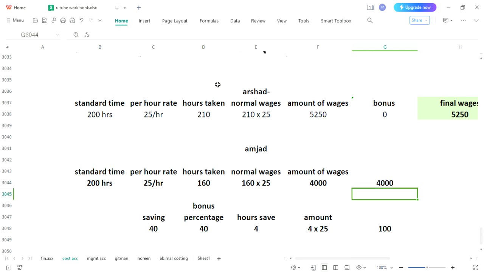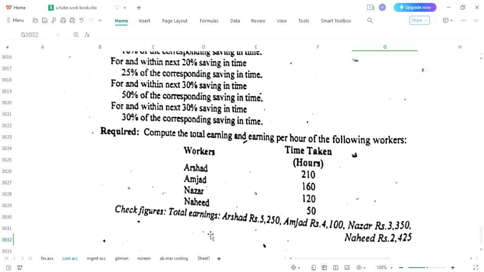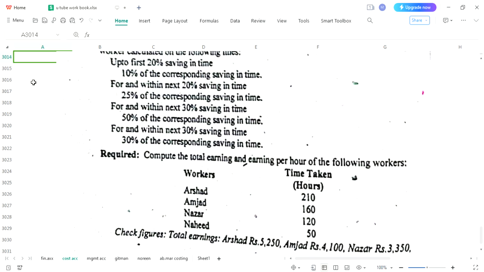So you can calculate. Now the second stage: how many hours he had saved, and look, the hours saved percentage is also 40. It means we will not have to go to the next stage. See here, there are 4 or 5 stages.